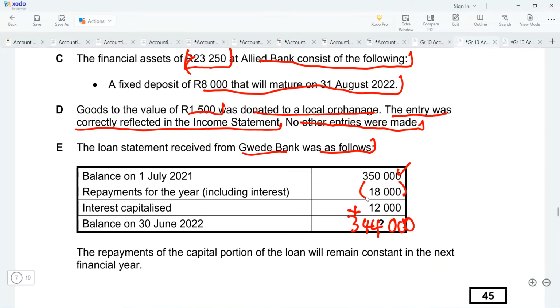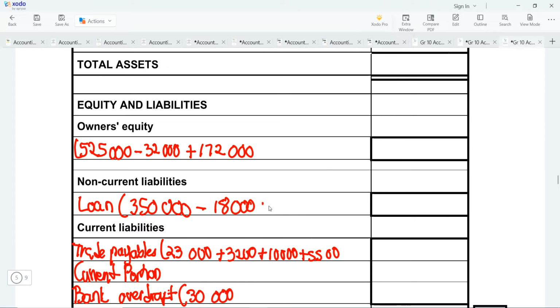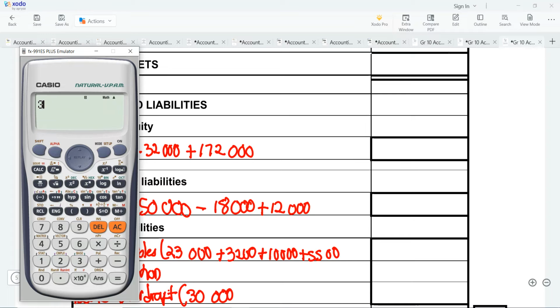Remember, our repayment is 18,000, our interest is 12,000, so we need to also add the 12,000. And then it will give us the closing balance. So let's see, 350,000 minus 18,000 plus 12,000 is giving us 344,000. This is our closing balance.